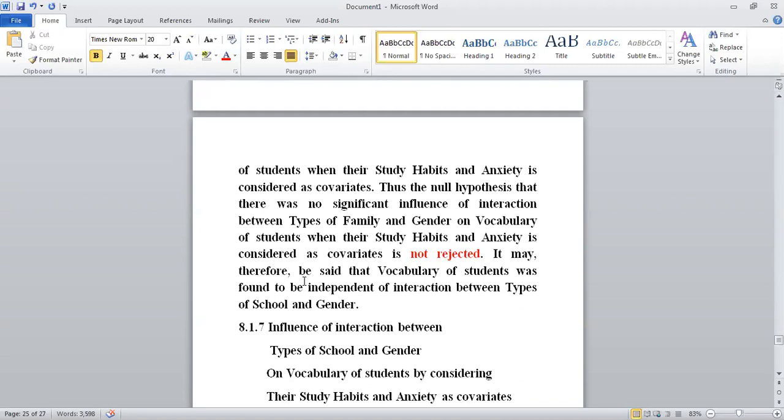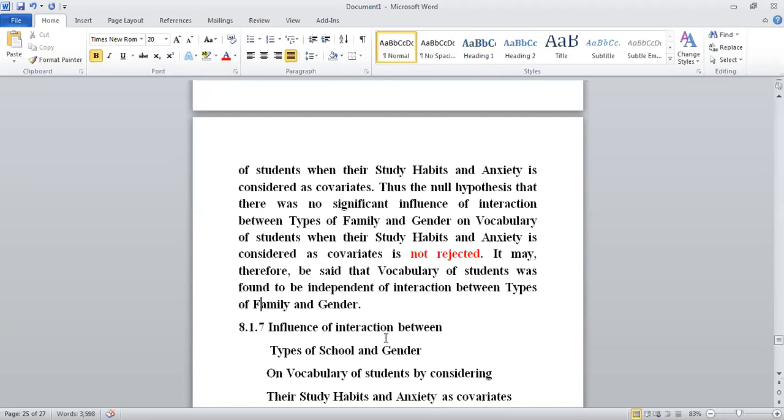It may therefore be said that vocabulary of students was found to be independent of interaction between the types of family and gender. So that's fine now.